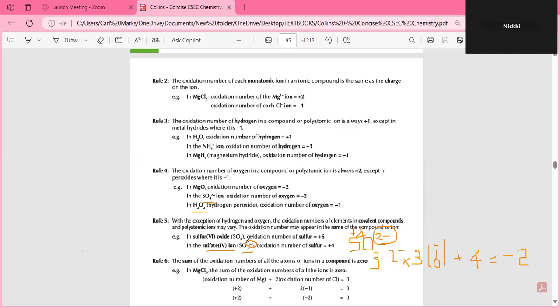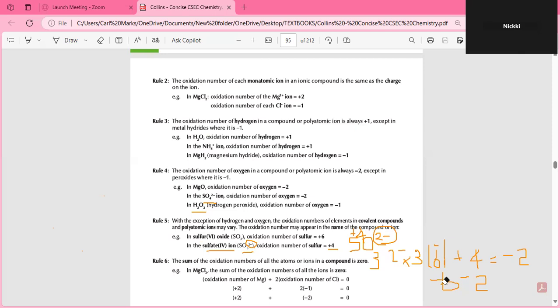So basically, to know the oxidation state of this, we add. What we could have done is take the -6 and minus the charge on the ion, -2.